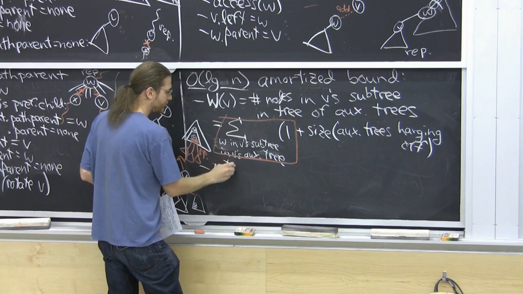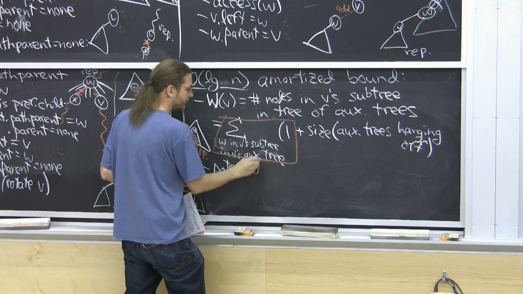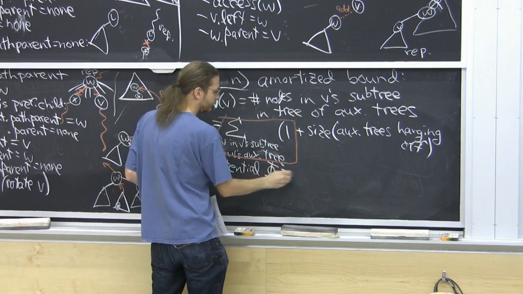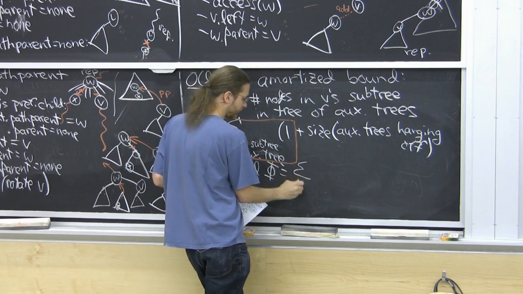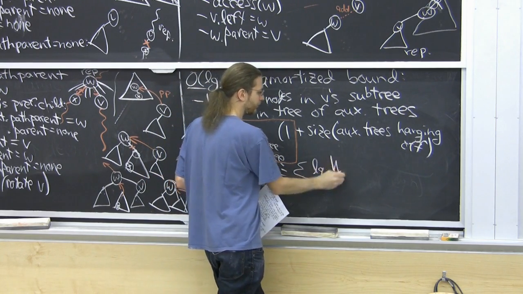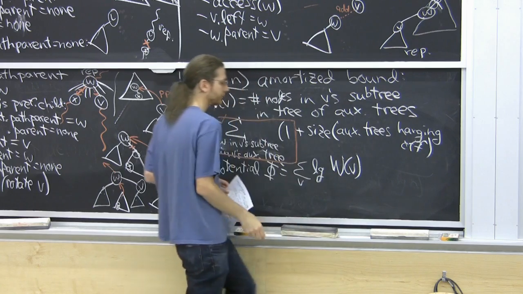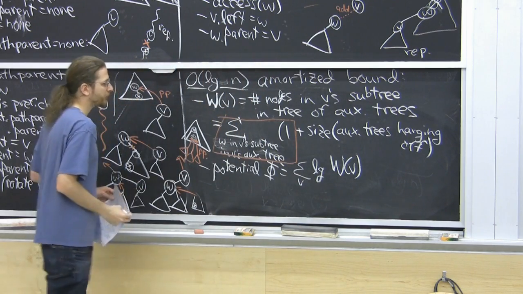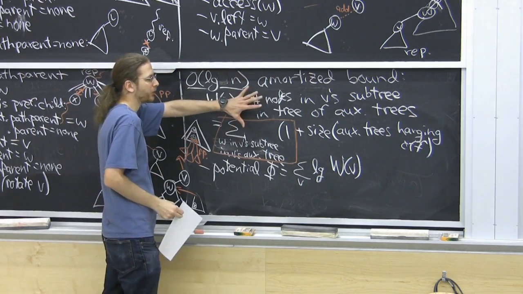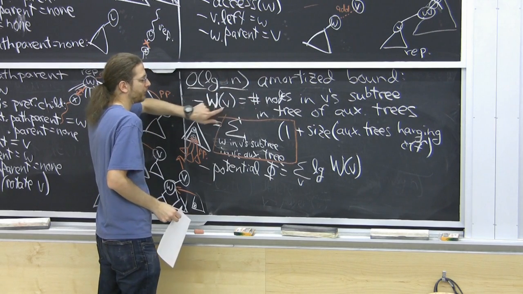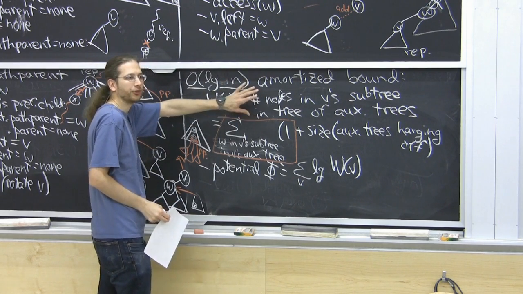So we define a potential function for our amortization, phi, which is the sum over all nodes V of log of this quantity W of V. Just think of this as an abstract quantity which, for every node, has some number associated with it.